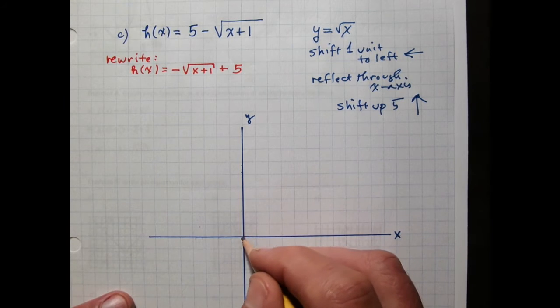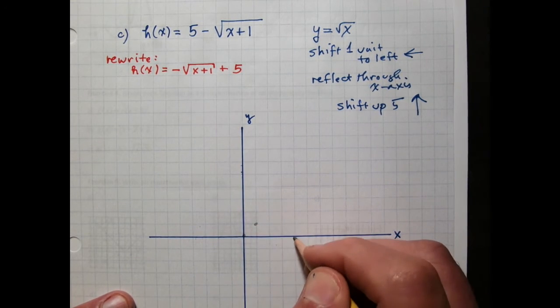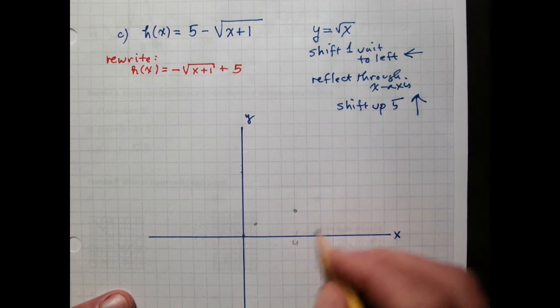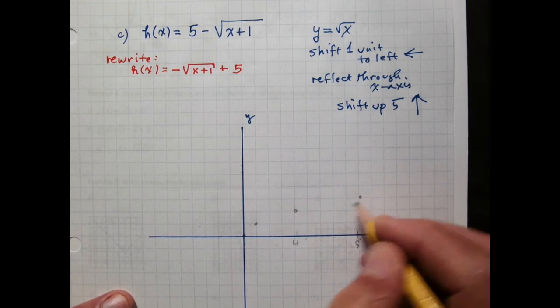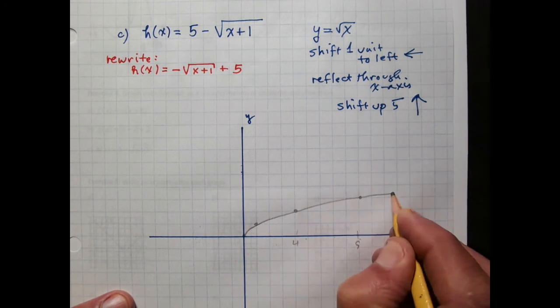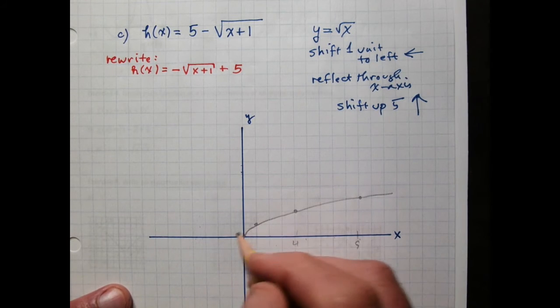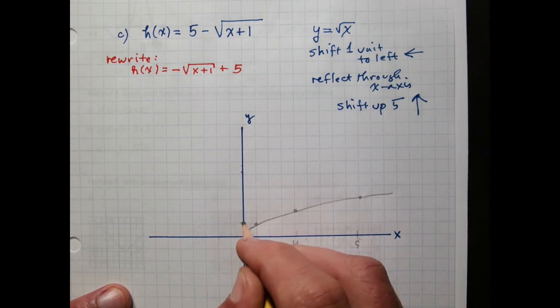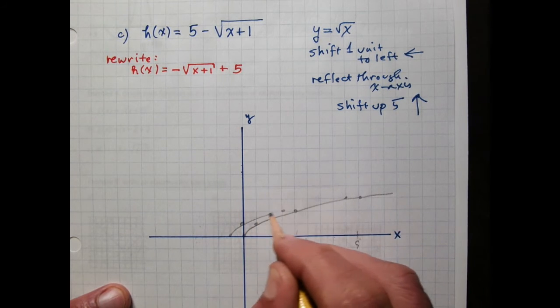Let's start with my square root graph. 1, 2, 3, at 4, I'm 2 units up, 5, 6, 7, 8, 9, I'm 3 units up, so I'm just trying to draw the original square root. I've got to shift to the left 1 unit, so all these points are just going to shift over 1.